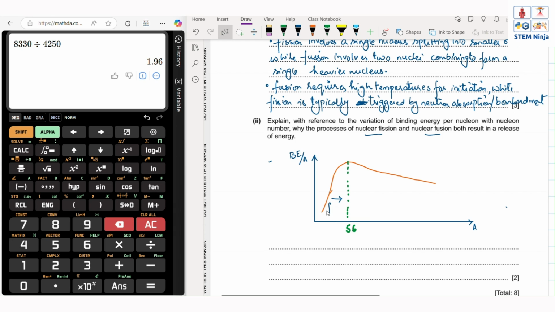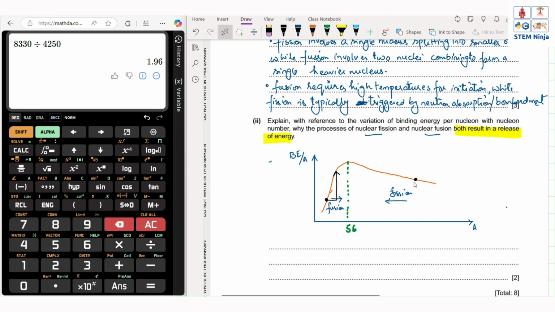Before this it's fusion, and after this it's fission, especially with the heavier elements. When two nuclei undergo a fusion reaction, it goes higher up the binding energy curve.